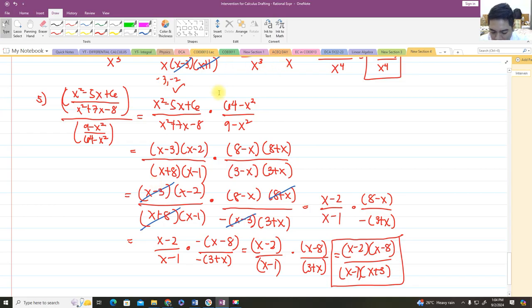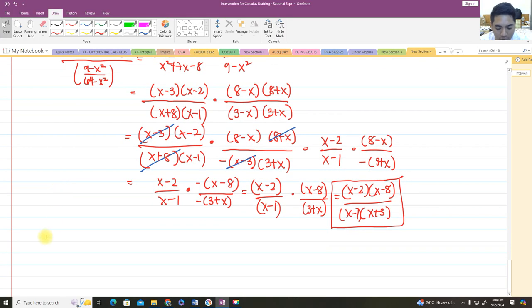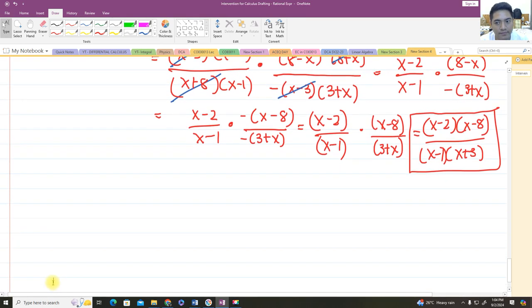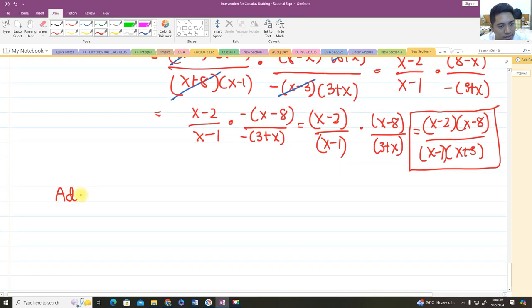So how about if we try to go with addition and subtraction of fractions? Addition and subtraction, not fractions, I mean of rational expressions.